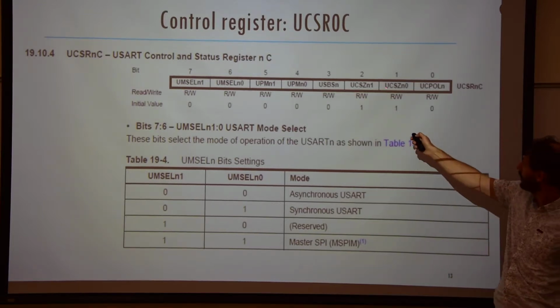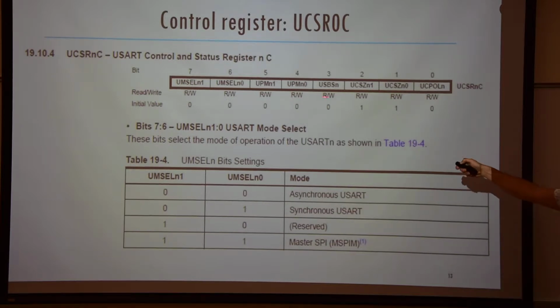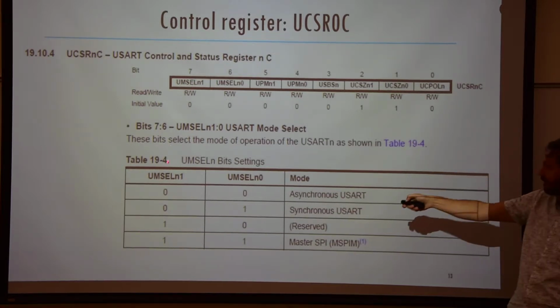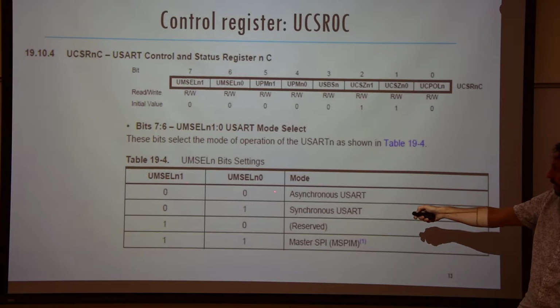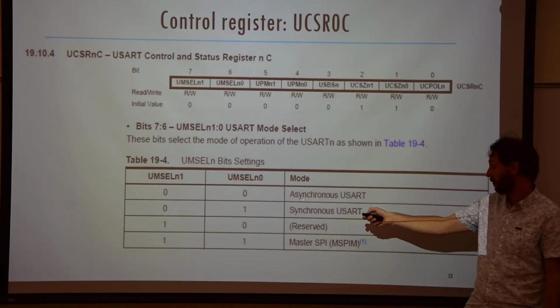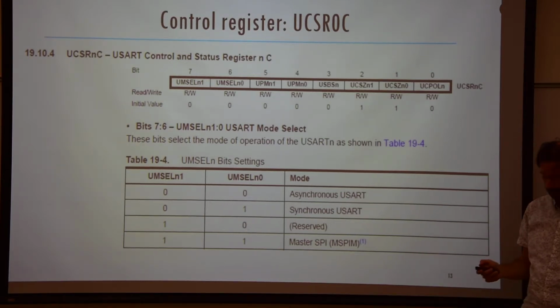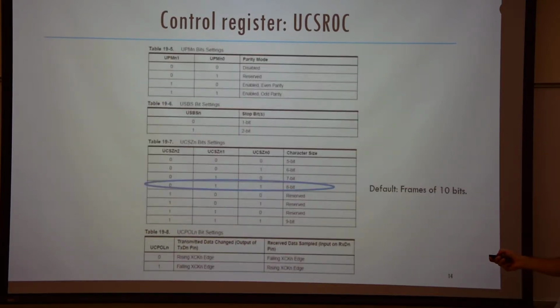So we have a control register C. Here you see the other UCSZ00 and 01, and you see also a UMSEL, and these 2 bits you can set in certain ways according to this table that you can find in the datasheet. We will always use asynchronous USART, but you can have other settings if you would have liked to do so.